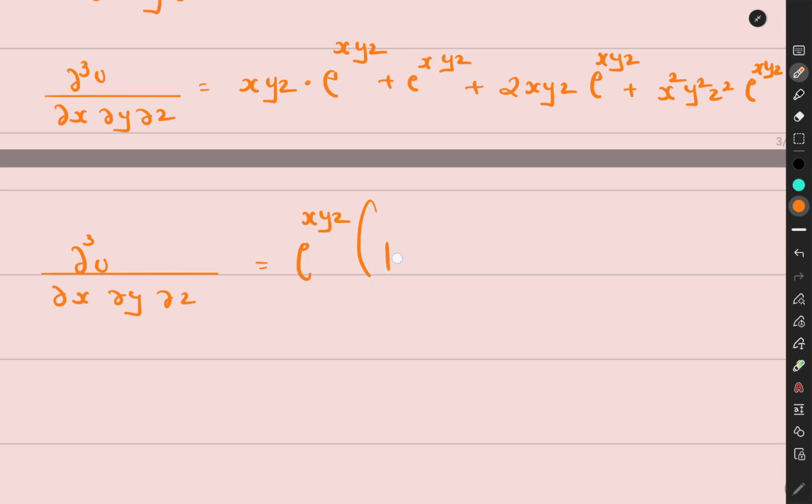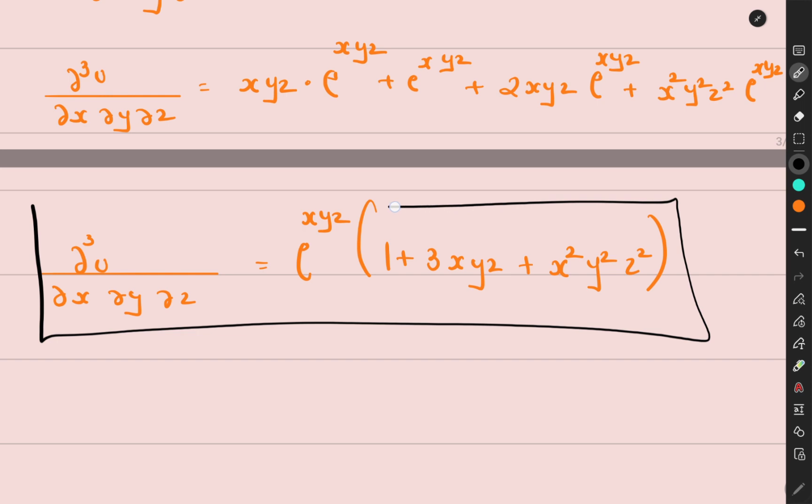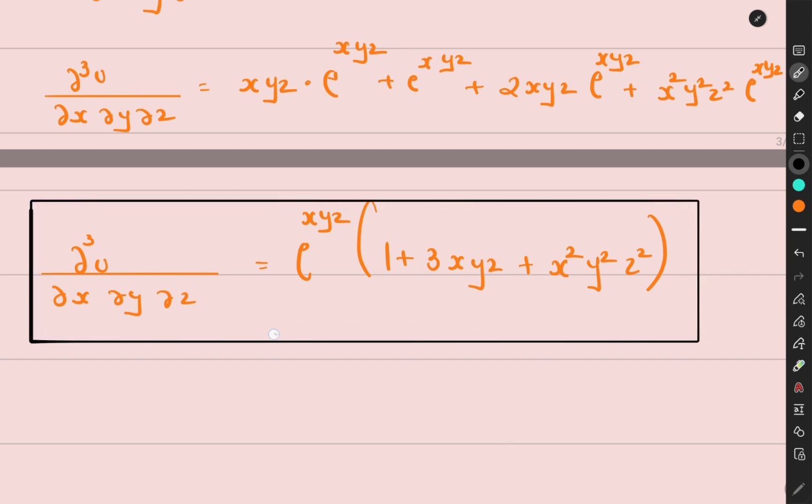So what we are getting is e raised to xyz into (3xyz plus 1 plus x squared y squared z squared). Yeah, that's it.